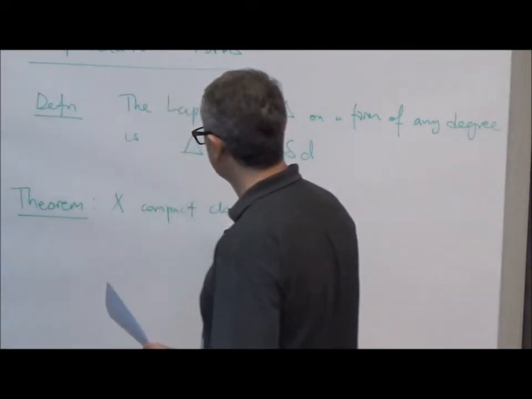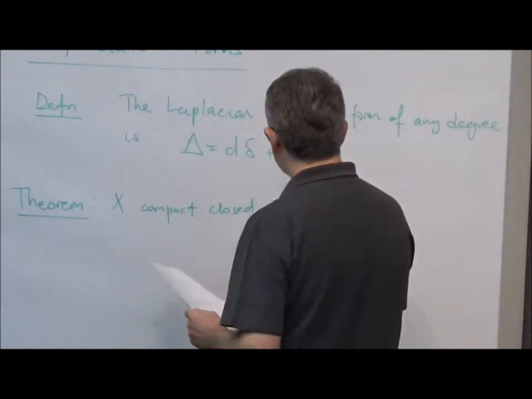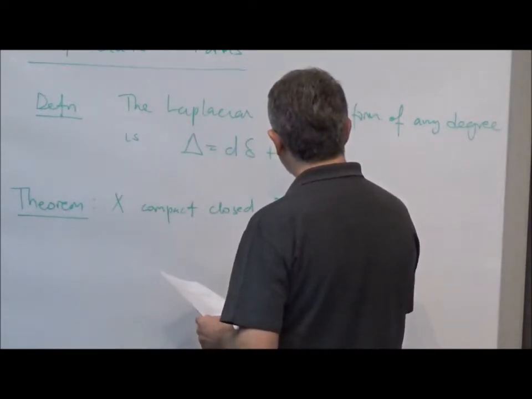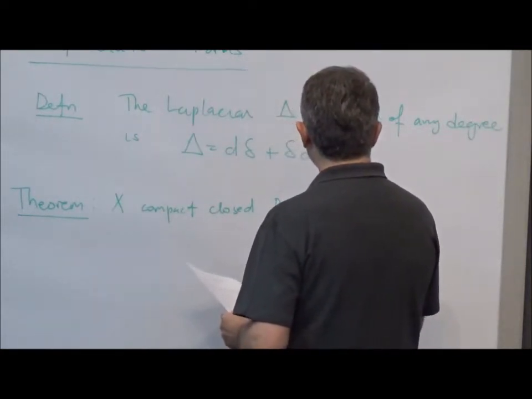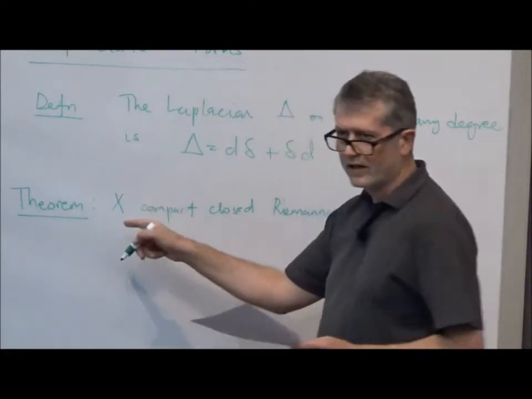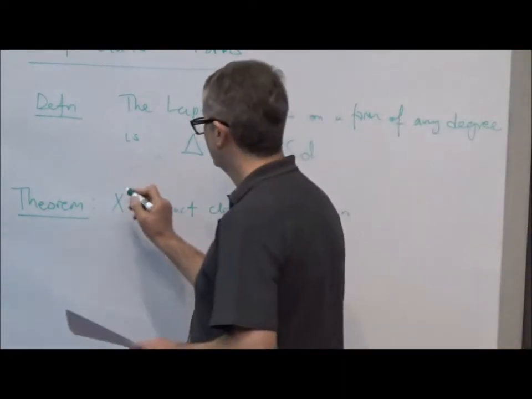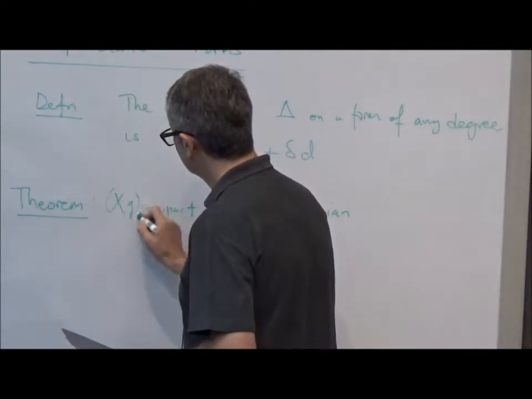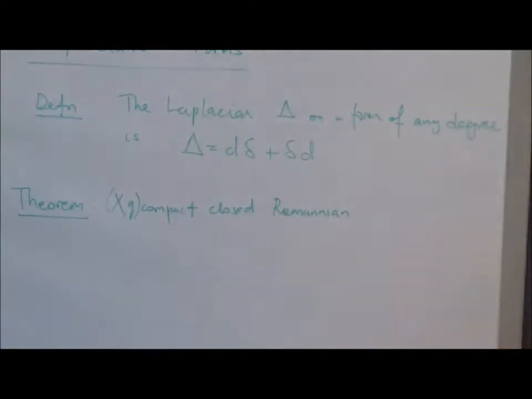Remember, closed means no boundary. Closed, Riemannian, which means that I've already made a mistake because I can't write it like that, can I? I must write it like that. I've got to tell you with respect to which metric I'm talking about, so I should write it like that.